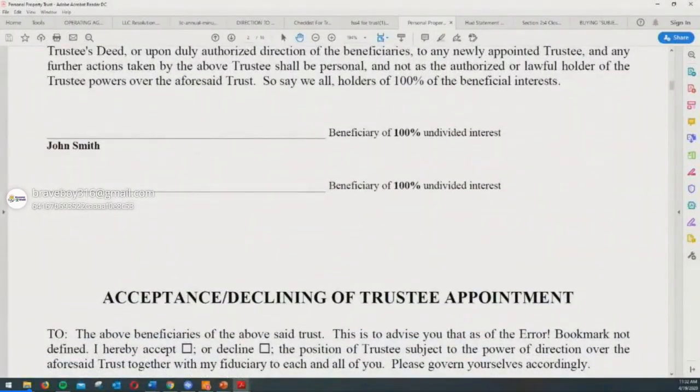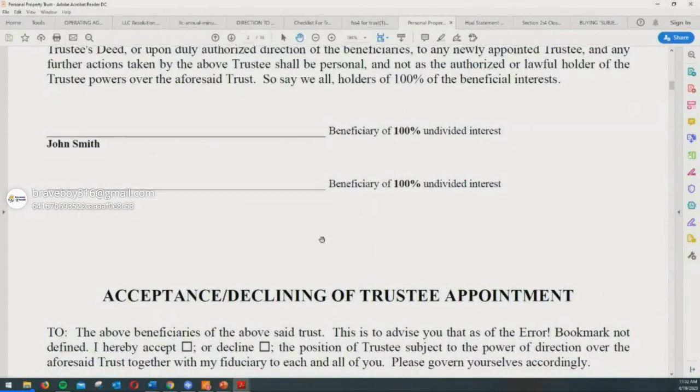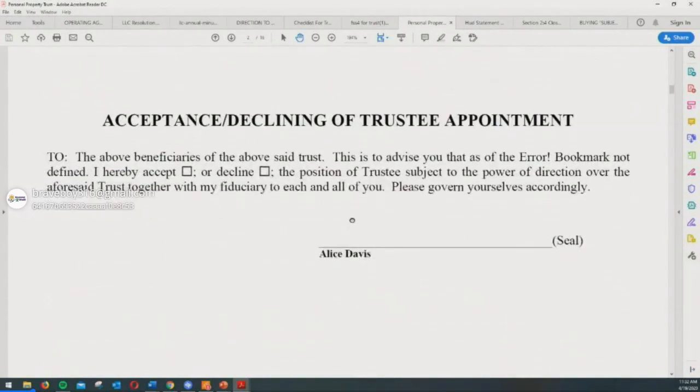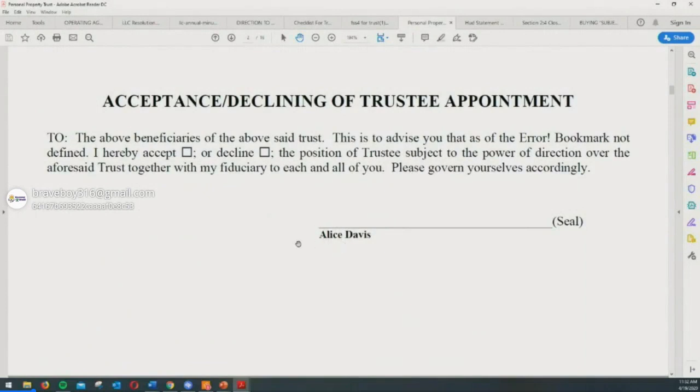And you can see that the beneficiary is going to have to sign. So John Smith is going to sign. He's the 100% beneficiary or beneficial interest. All right. And then the daughter, Alice Davis, is going to have to sign accepting the trust appointment.